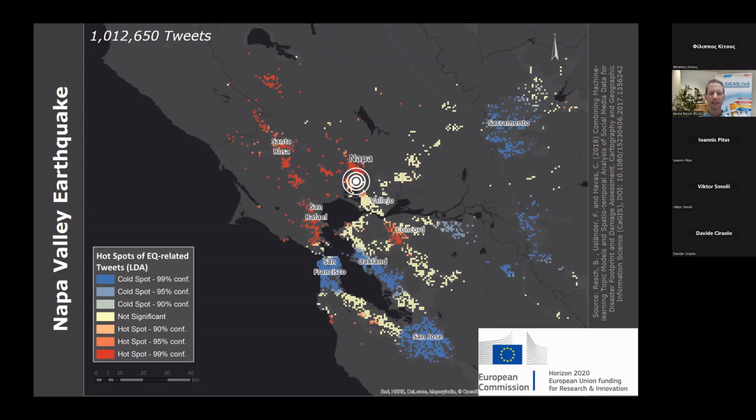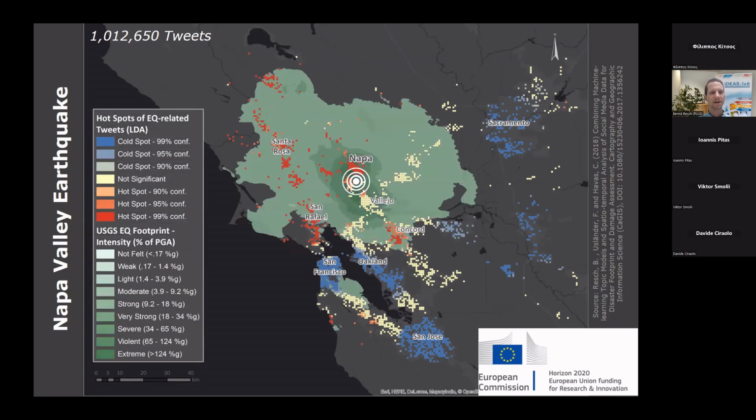What does it mean translated to disaster management? In red, we see areas that are affected by the disaster, in this case, the earthquake. In blue, we say, yes, people are also talking about the earthquake, but our algorithm says these areas are not affected. How do we ground truth this? We overlaid, in this case, the earthquake footprint of the USGS, the US Geological Survey.